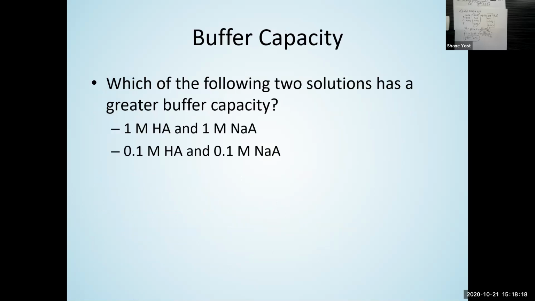And buffer capacity refers to how much strong acid or strong base your buffer can absorb, and that directly depends on how much weak acid and conjugate base you have in solution. So questions about what is a buffer solution, how we can calculate the pHs of buffer solutions, buffer capacity, what makes a buffer solution, anything we talked about today.